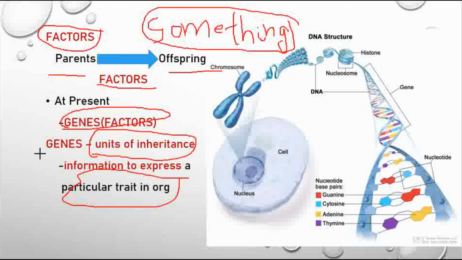So it is a basic unit of heredity that occupies a specific location on a chromosome. As you can see in the picture, the gene is at a specific location on the chromosome, and it is the basic unit of heredity.